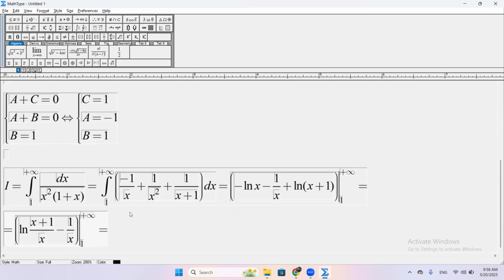And now we can calculate this integral. So what do we have?